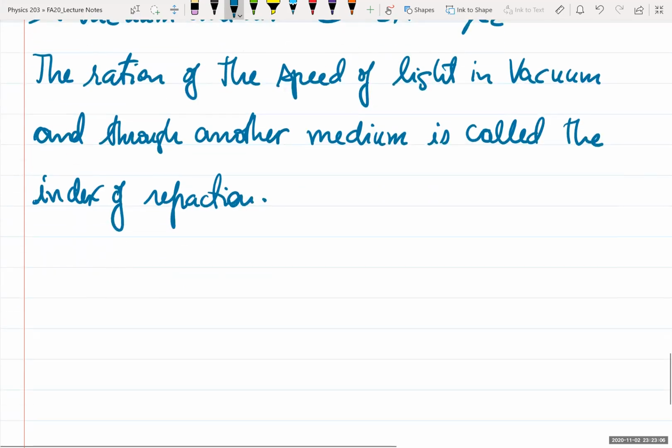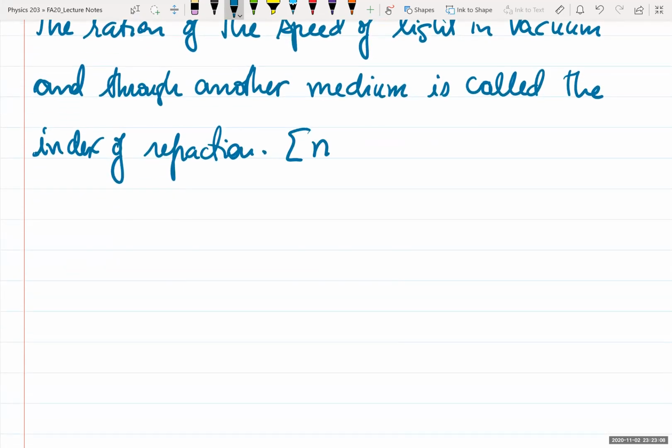Okay, and the index of refraction is represented by the letter n, and it has no units.